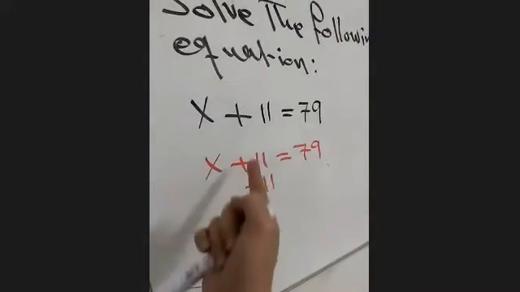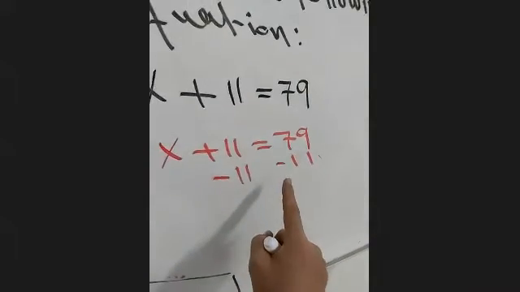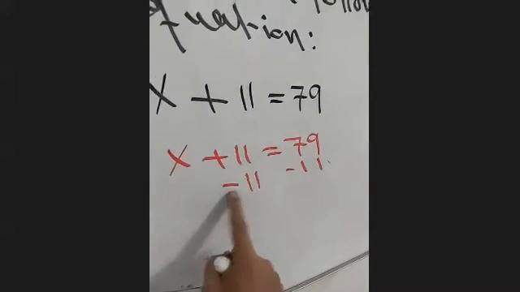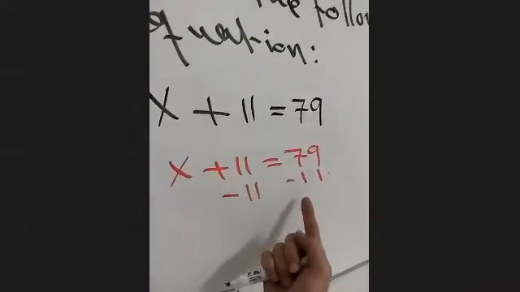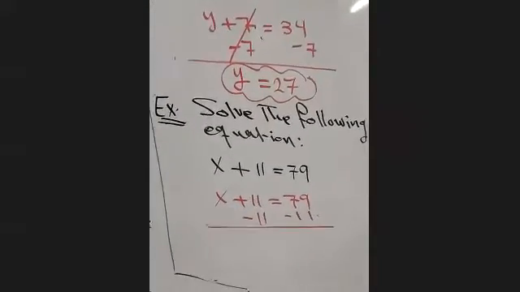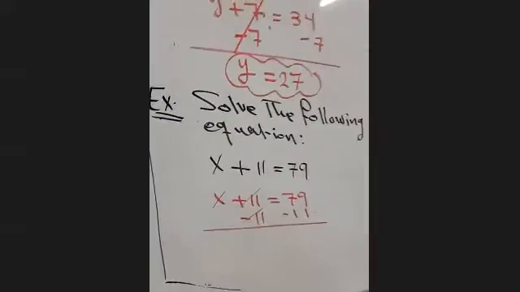Minus 11 under each other. And here also minus 11, and it's important to write the sign of the minus, the subtraction sign. Minus 11, minus 11. Now line and simplify. Now plus 11, minus 11, they are gone.